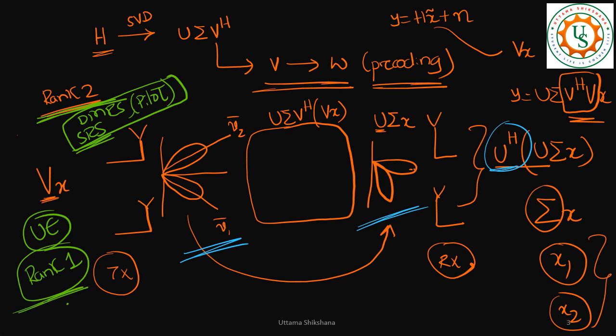That's why you proceed with rank 1. So that indication will be given to the UE.